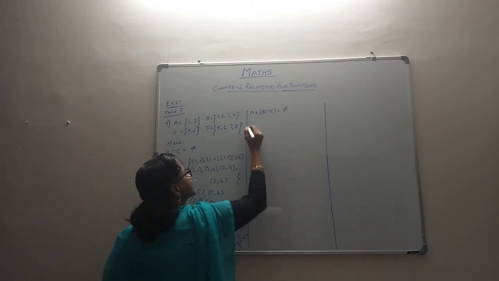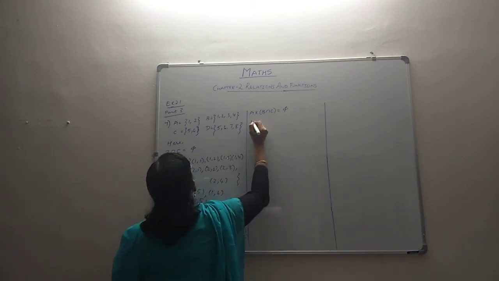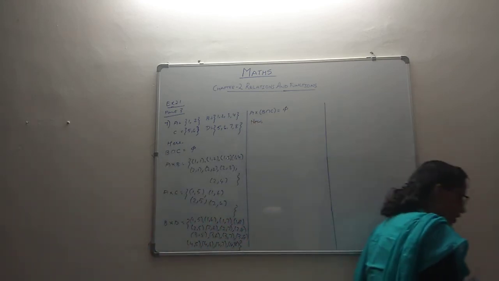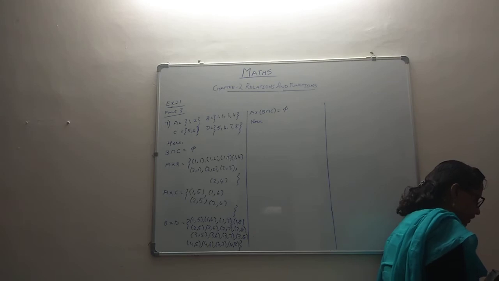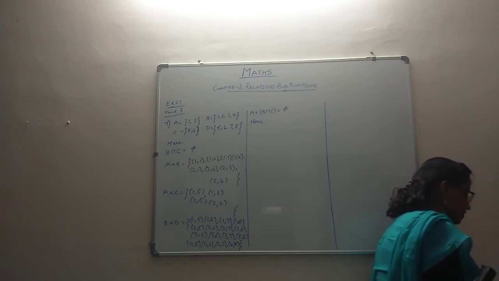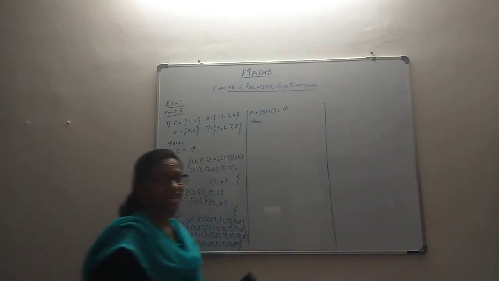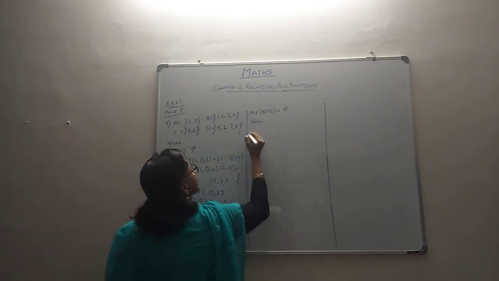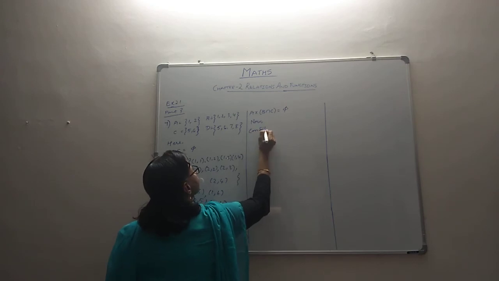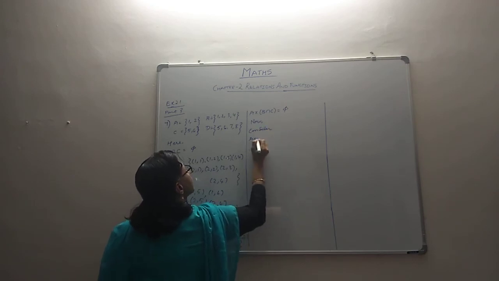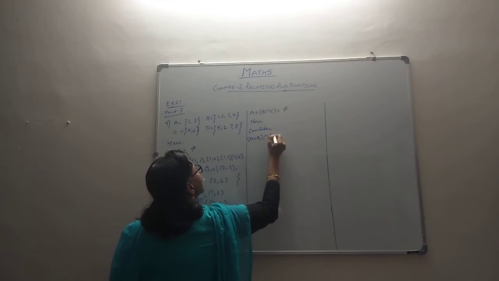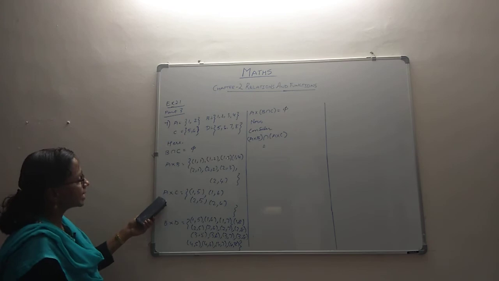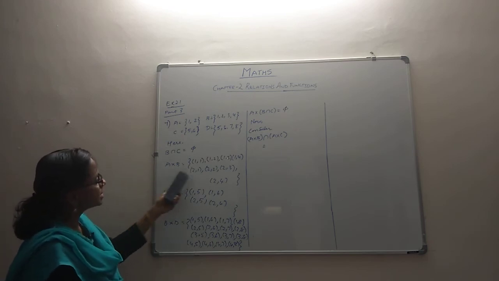What all have they asked us? They ask us to show that A cross (B intersection C) is equal to (A cross B) intersection (A cross C). This we already have: it's an empty set. So let's consider (A cross B) intersection (A cross C). Between A cross B and A cross C, is there any element that is common?